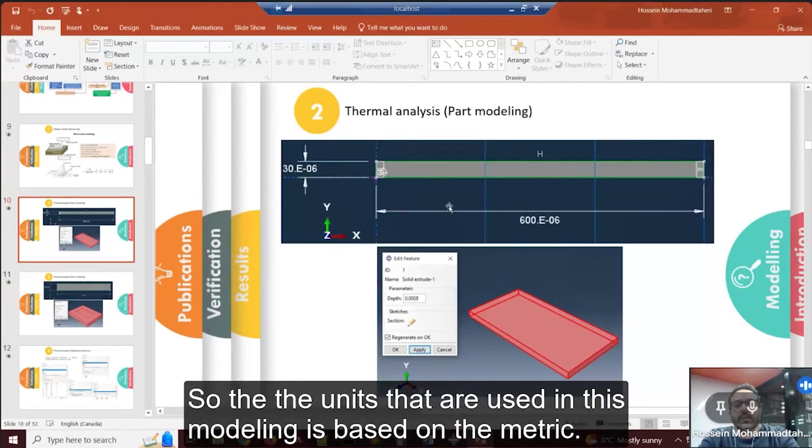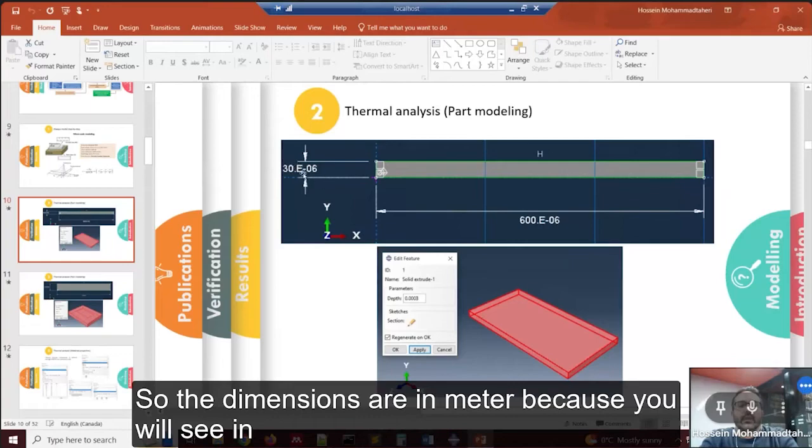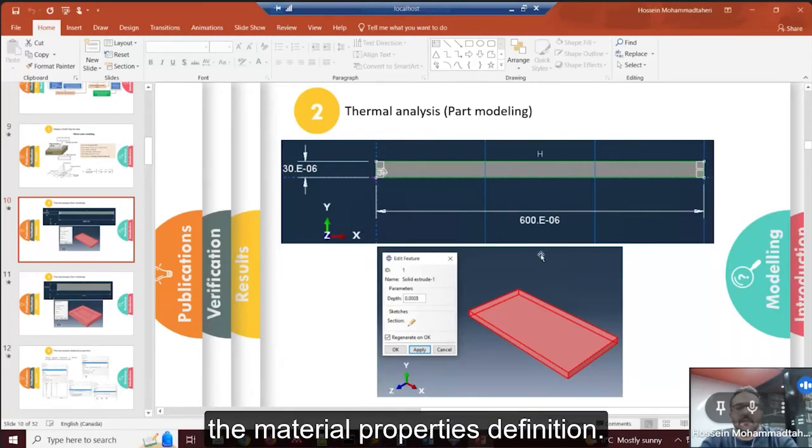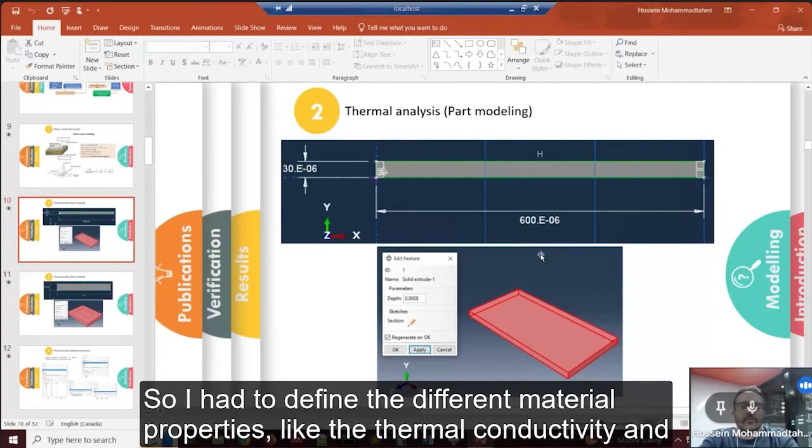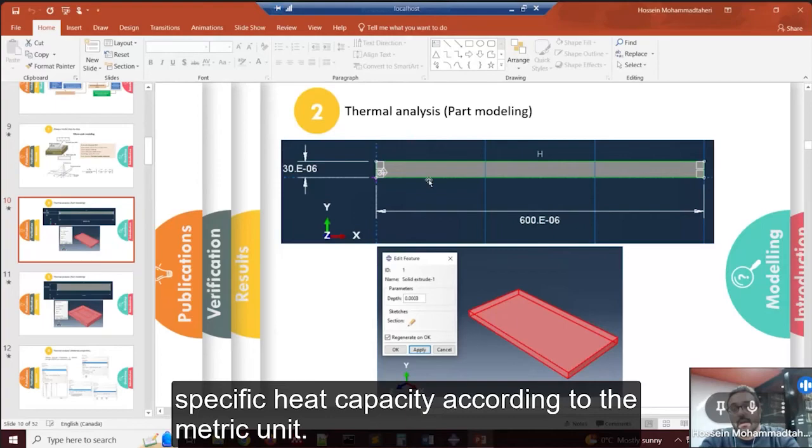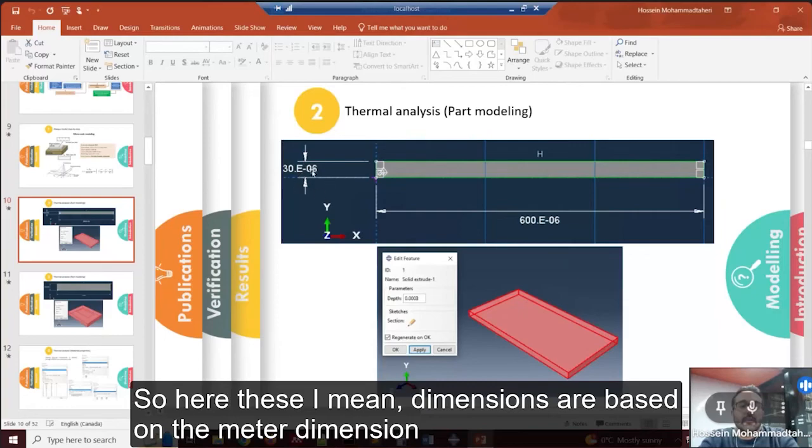The units that I used in this modeling are based on the metric system, so the dimensions are in meters, because you will see in the material properties definition that I had to define the different material properties, like thermal conductivity and specific heat capacity, according to metric units. So here, the dimensions are based on meters.